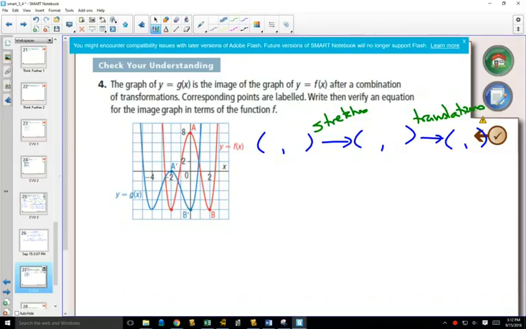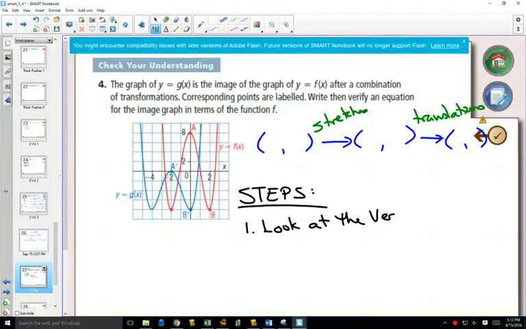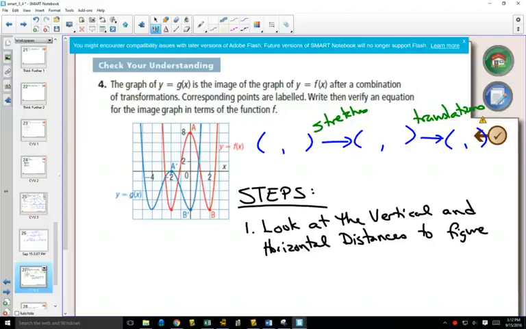So if you want to write down our steps for this one, first of all, number one, we're going to look at the vertical and horizontal distances to figure out, and I'll just write stretches, but it's stretches or compressions.